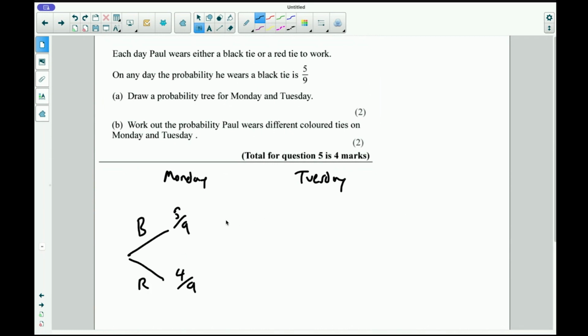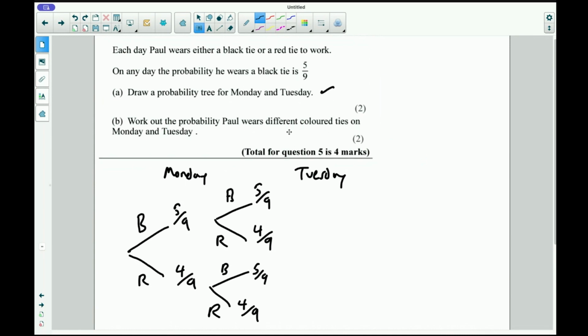And then for Tuesday, again, it's either a black tie, which is 5/9, and 4/9 for the red tie. And same thing here, black is 5/9 and red is 4/9. Okay, so that's the first part worked out.